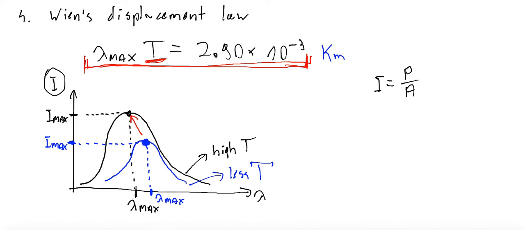The radiation which is emitted the most has a shorter wavelength. Is it clear? Okay. So again, if we have an object of higher temperature, then it of course must emit more, and the color of the radiation is different because lambda maximum is shorter. Okay, and this is called Wien's displacement law.